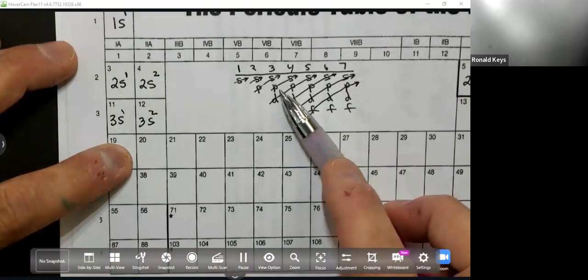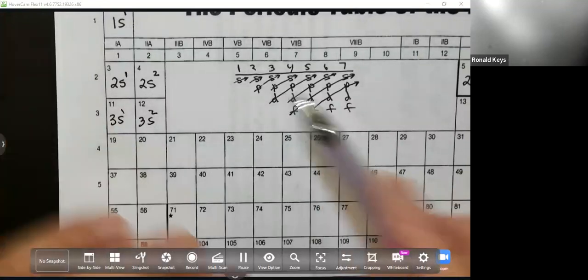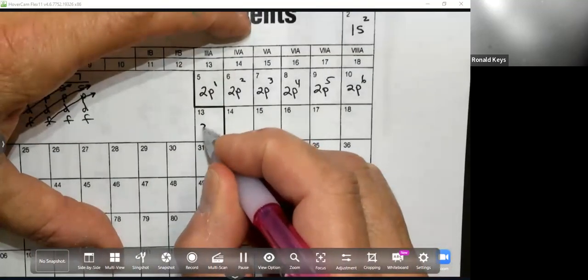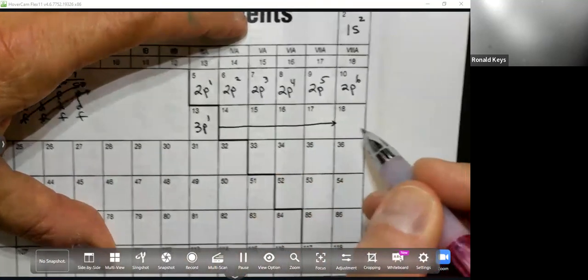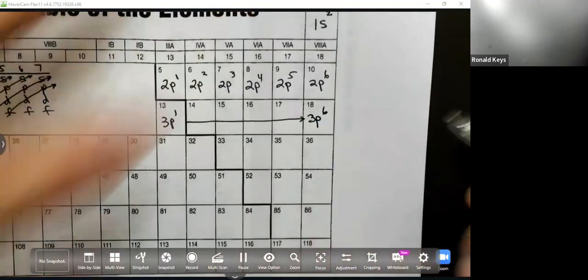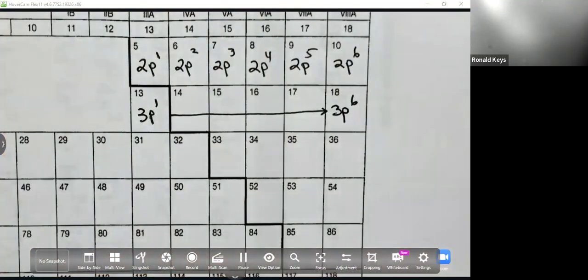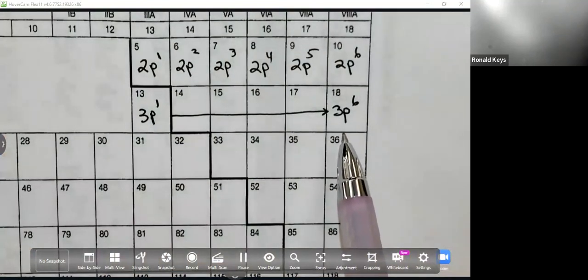What do we do next? 3p, right? 3p here. So this is going to be 3p1 through 3p6. I know some of you are going to write them all out. That's your personality. You're not going to do the arrow. So 3p1 through 3p6. After that, where do you suppose we go next?